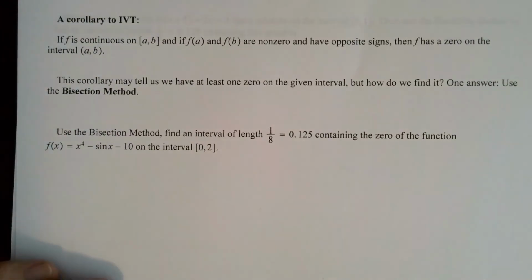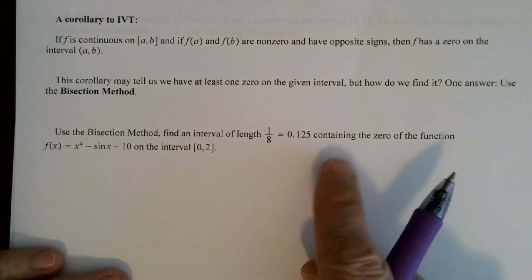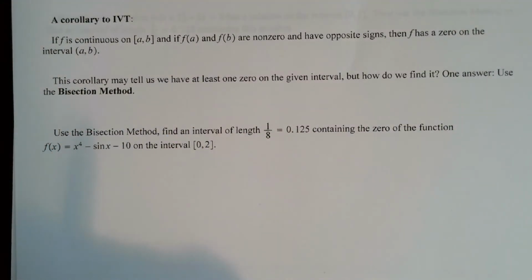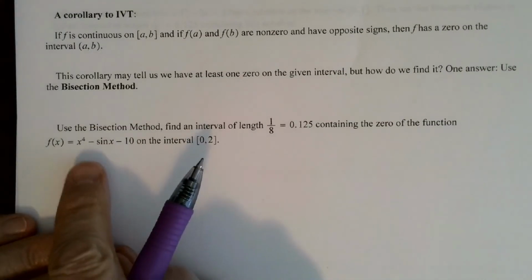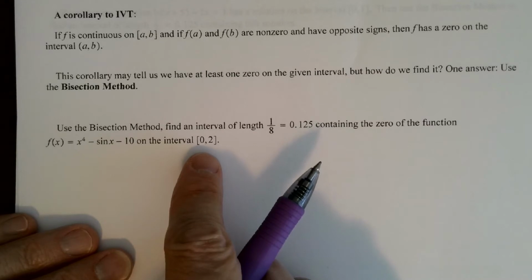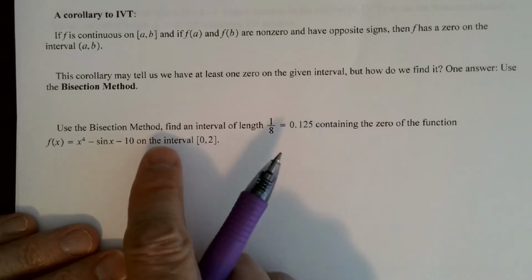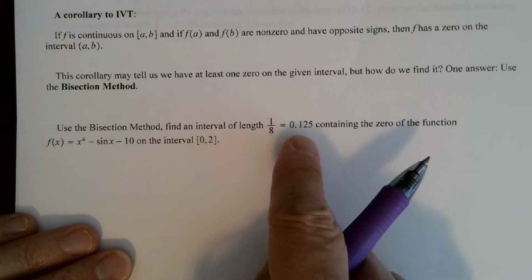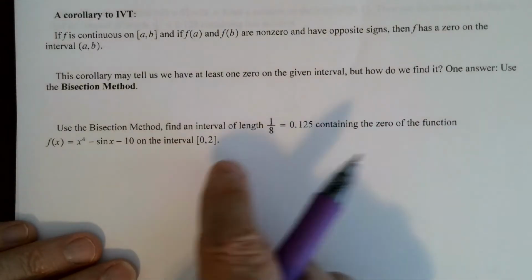Okay. Now, question is though, how do we find it? And one answer is the so-called bisection method. And I'm just going to illustrate this method to you, because what I want to do is go back to the original function. We've already shown that it has a 0, a root on this interval. Let's find an interval of length 1/8, or about 0.125, that contains the 0 of this function.